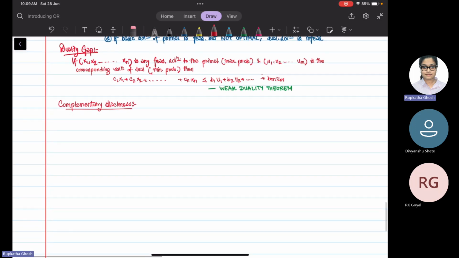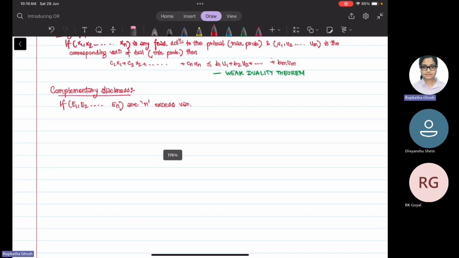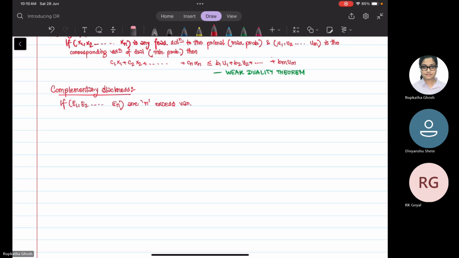So that is, if E1, E2 till En are the excess variables, slack or surplus variables, you can say, of the dual at optimal solution, then Ei into Xi is equal to 0, for all i equal to 1 to n.